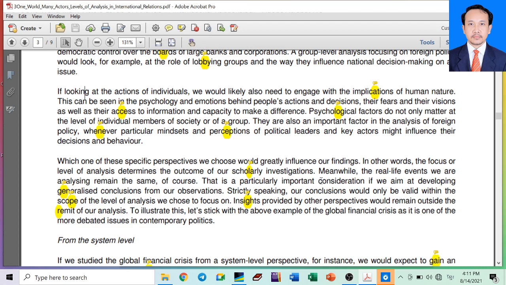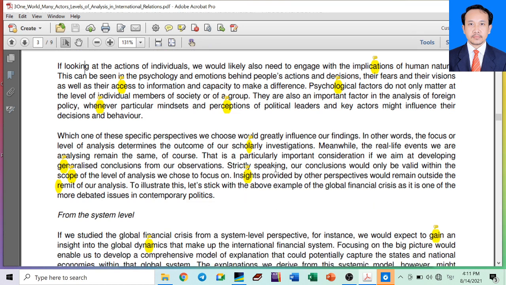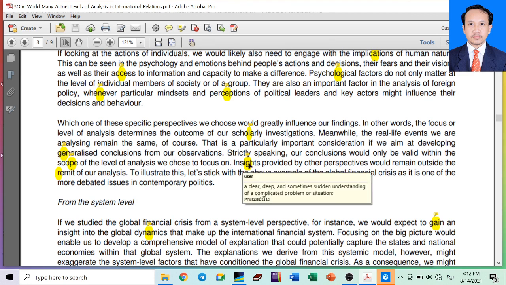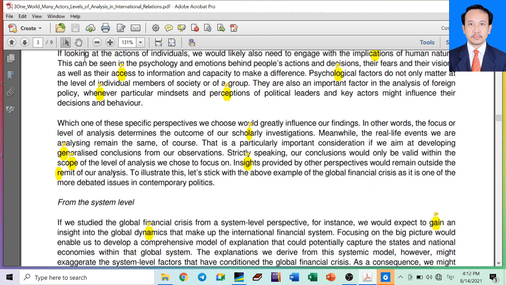That is a particularly important consideration if we aim at developing generalized conclusions from our observations. Strictly speaking, our conclusions would only be valid within the scope of the level of analysis we chose to focus on. Insights provided by other perspectives would remain outside the remit of our analysis.